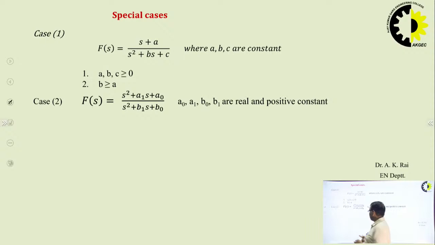Then another case, suppose F(s) is given in this format, (s square plus a1 s plus a0) divided by (s square plus b1 s plus b0), where a0, a1, b0, b1 are all real and positive constants.